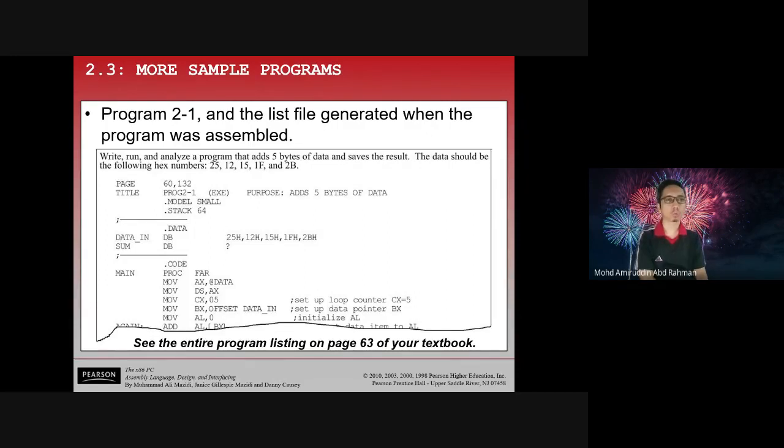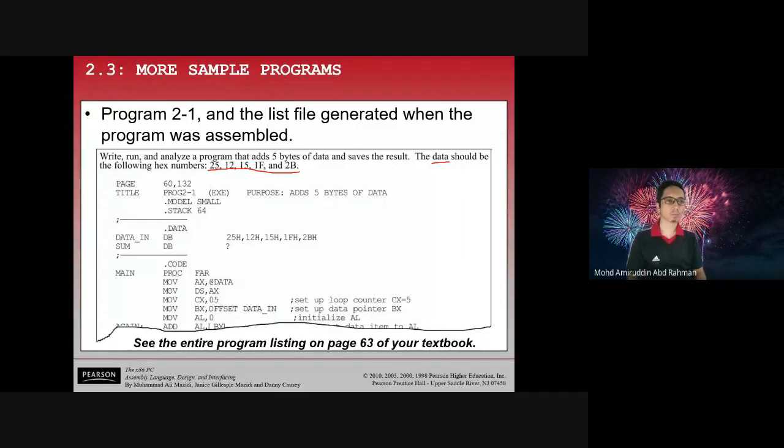The data should be the following hex numbers: 35, 12, 15, 1F, and 2B. It is already mentioned here. Where do we put this? Of course, we need to initialize that into the data segment.